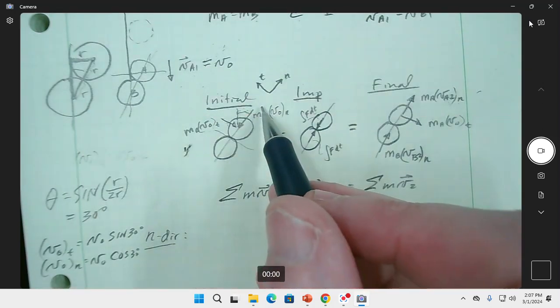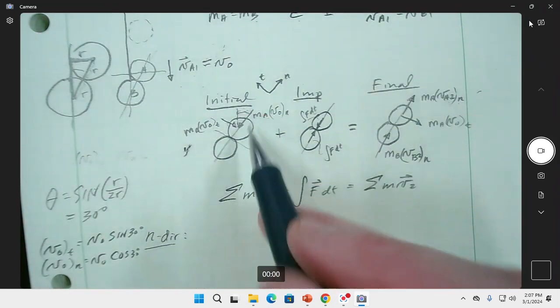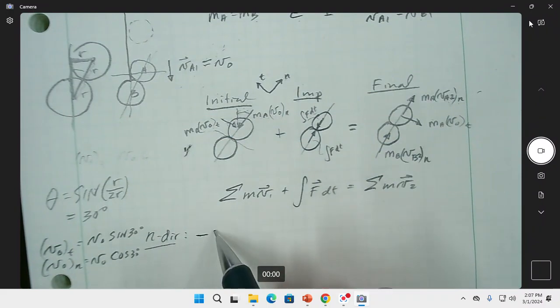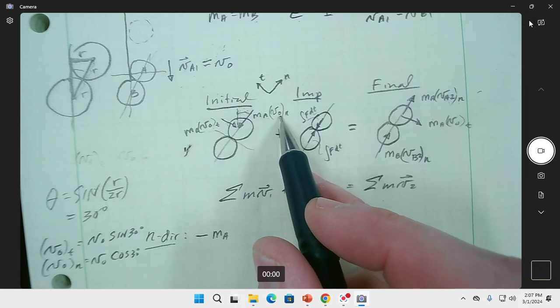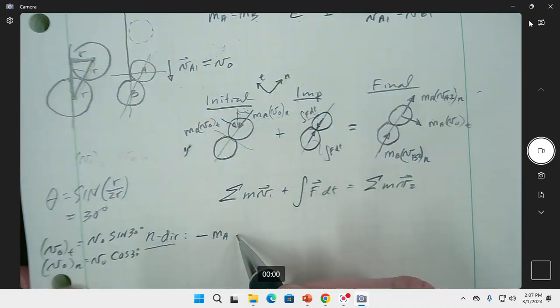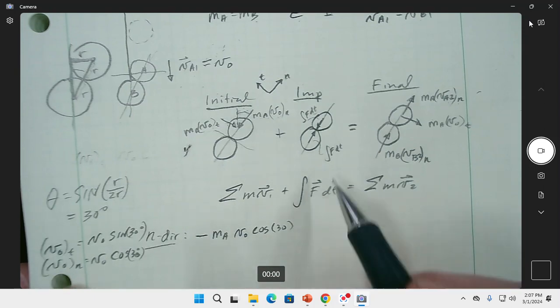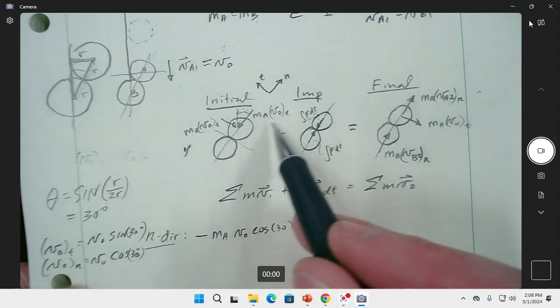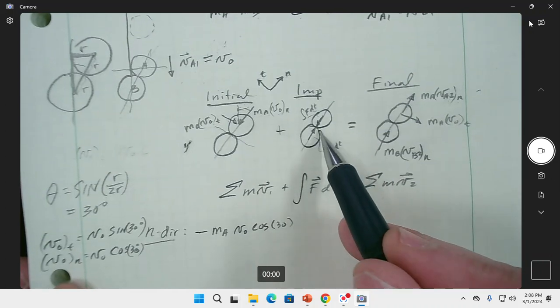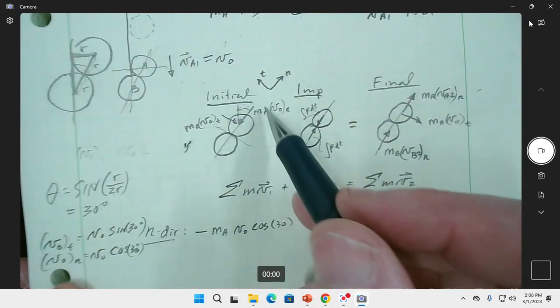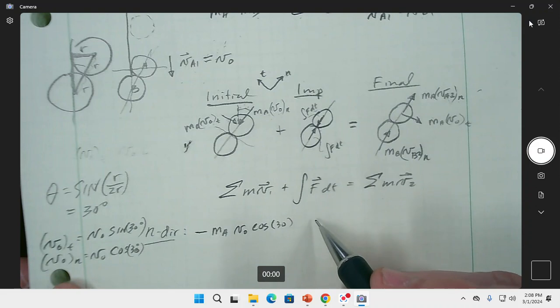So I get over to here, negative m A times V0 normal, so that's going to be V0 cosine 30. And nothing else on the left-hand side, because these cancel. This is the only thing going on in the equation.